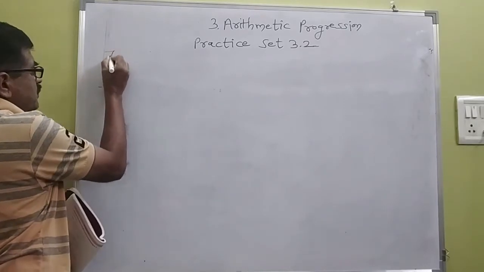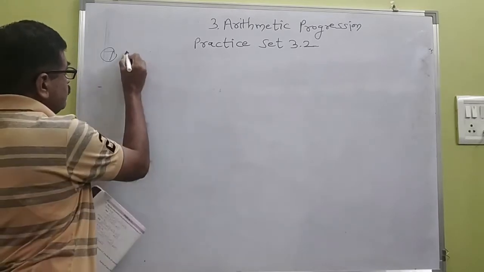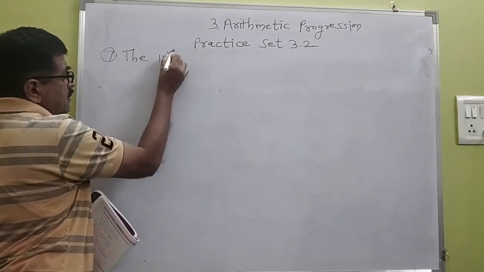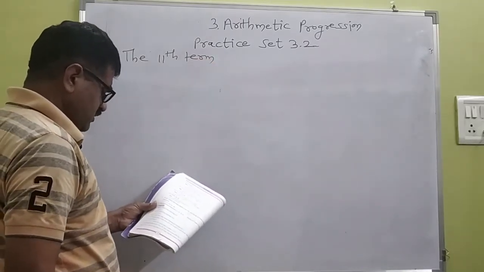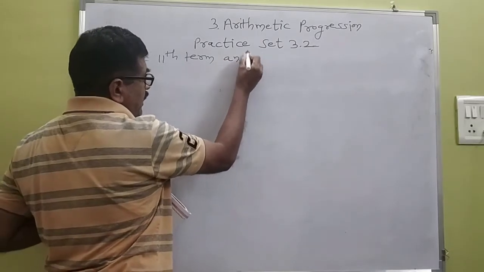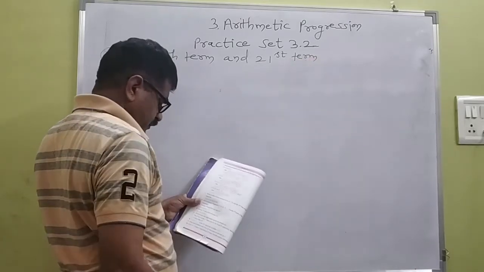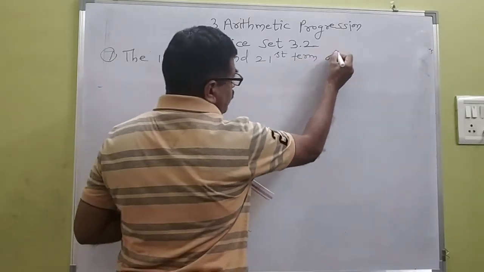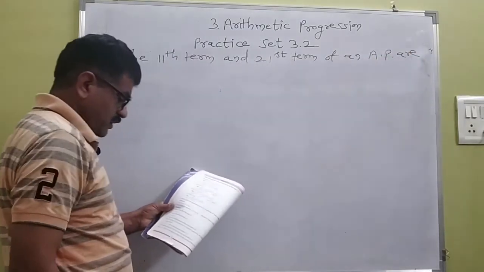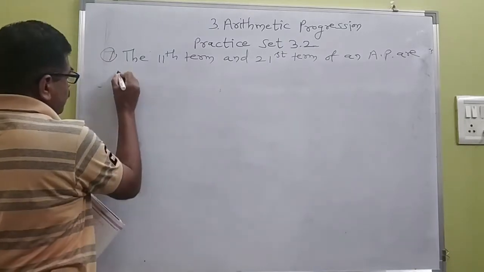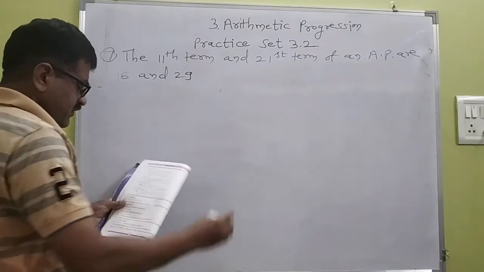Now write down the next question, question number 7. The 11th term and 21st term of an AP are 16 and 29 respectively.